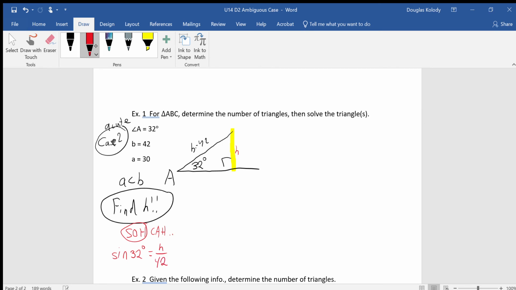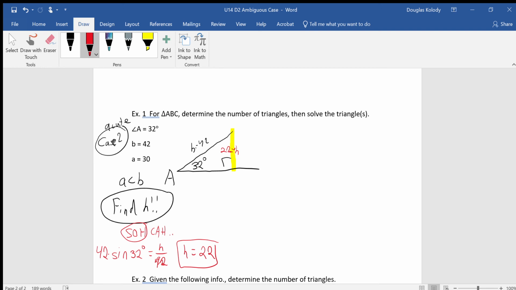If I multiply by 42 on both sides, H equals 42 times the sine of 32 degrees. I get H equals 22. So now we know that H is 22. Let me write that on the inside right there, 22.